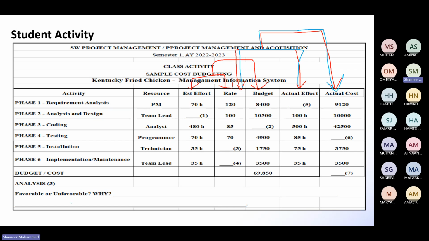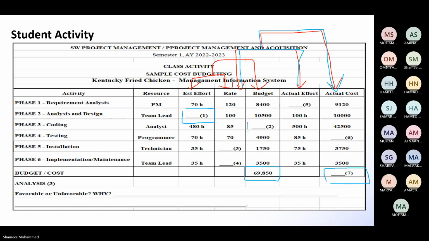Now, can you tell me what is the total? Total is there here already. And here you need to find this one. So all these values you need to find. 1, 2, 3, 4, 5, 6, and 7.